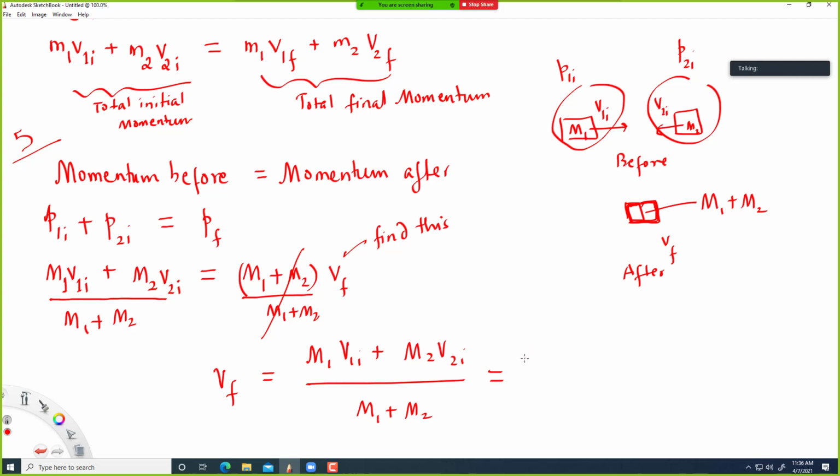So mass 1, 1.8 times 10 to the 3 kilogram. Velocity 1, 5 meters per second. Second mass is 9 times 10 to the 2 kilogram.